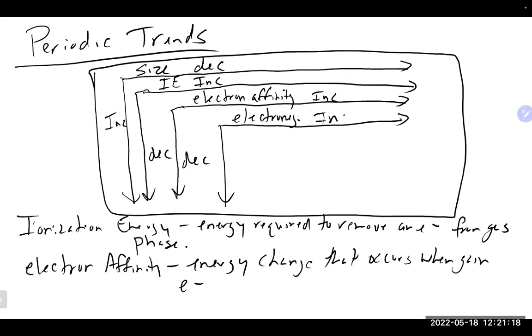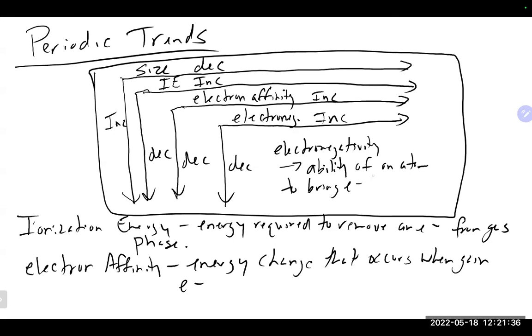Electronegativity increases as you go up to the right and decreases as you go down. Electronegativity is the ability of an atom to bring electrons towards itself. Remember that fluorine is the most electronegative, which is up this way. Fluorine is the most electronegative element you could have.